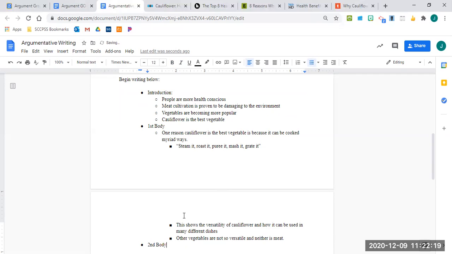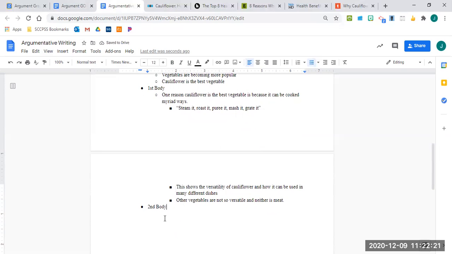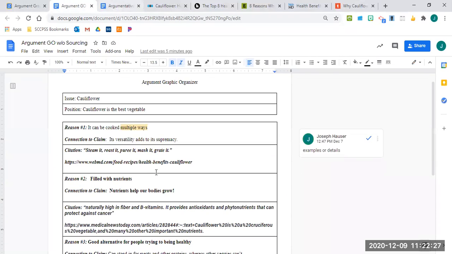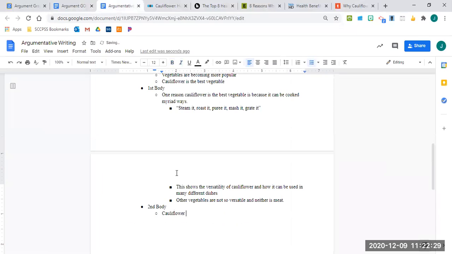Second body is to say it is filled with nutrients. So we need to explain nutrients help the body grow and maintain. We are fighting heart disease, cancer. So add in this quote.